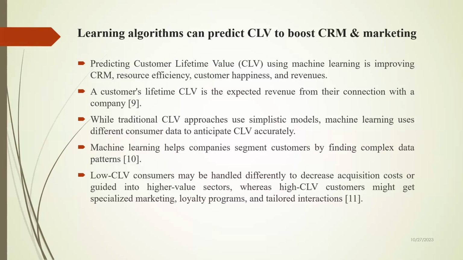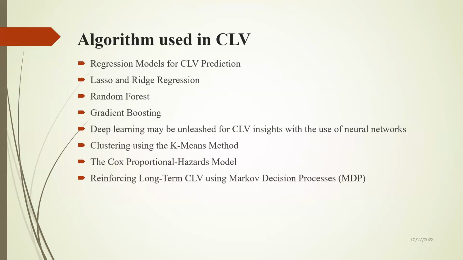Machine learning helps the company find complex data patterns and identify low CLV consumers in different higher value sectors, whereas high CLV customers might get specialized marketing and tailored loyalty programs. The algorithms used for CLV include regression models, lasso, random forest, gradient boosting, deep learning, clustering using k-means, the Cox proportional hazard model, and reinforcement learning for long-term models.